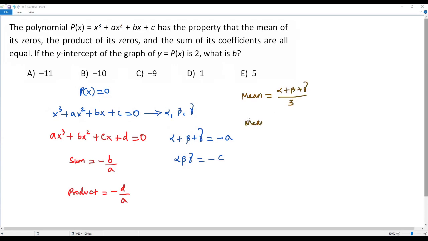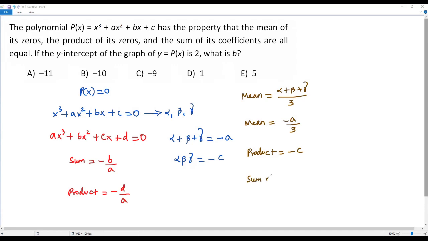Now the product of the 3 zeros, alpha times beta times gamma, is negative c.